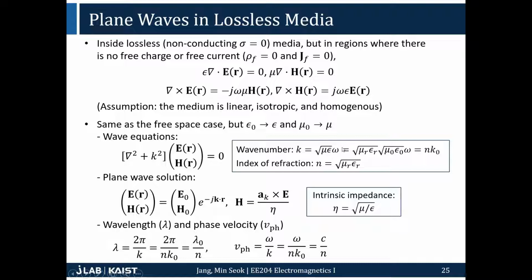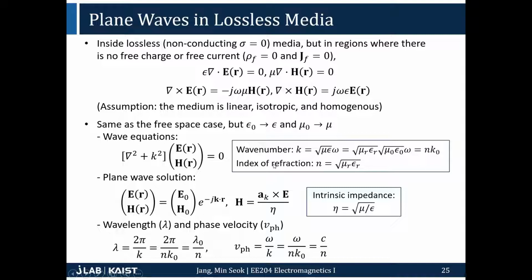So compared to the vacuum case, where I put a subscript 0 here, you need to multiply by n, and n is defined as the square root of mu r epsilon r, the relative permeability and relative permittivity.